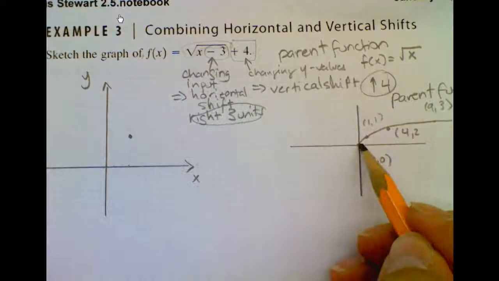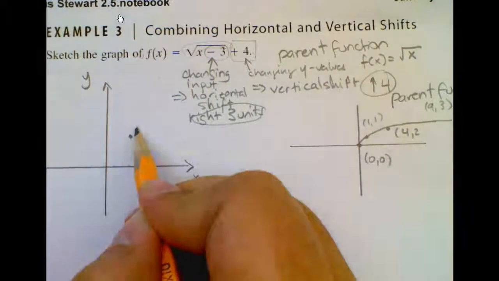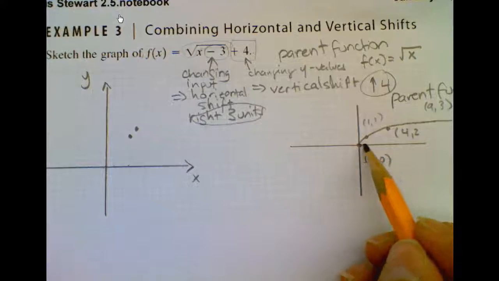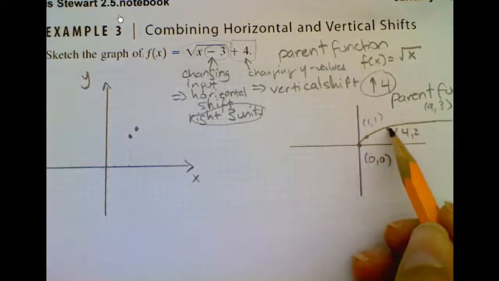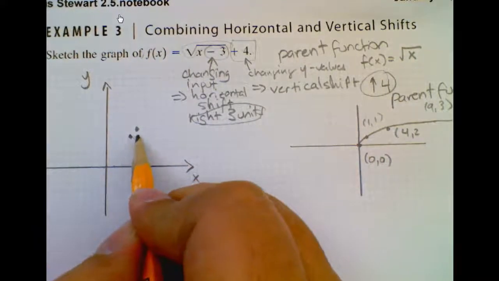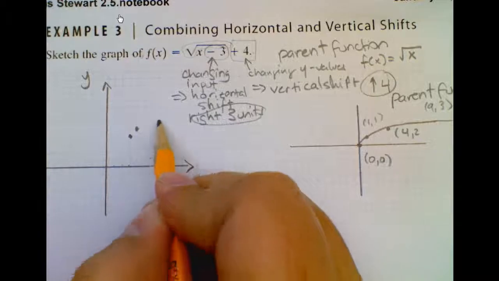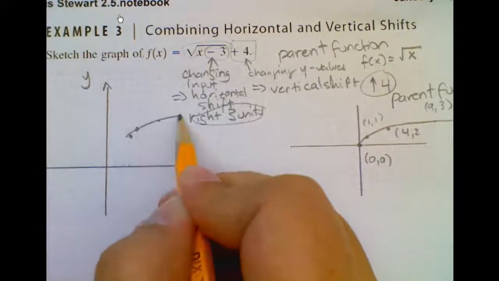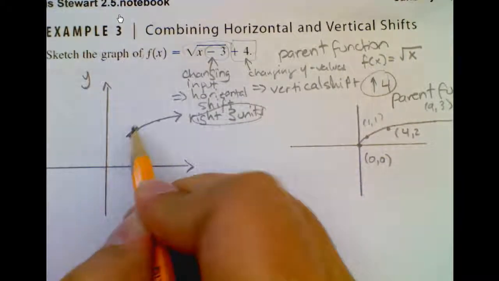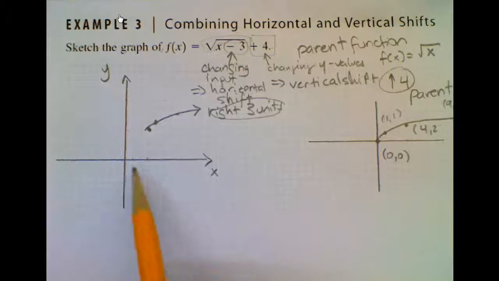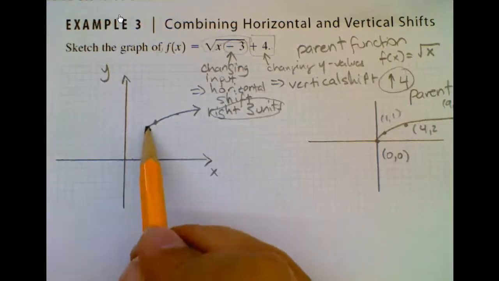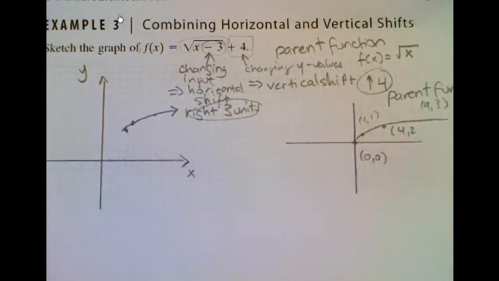So I know I'm going to have another point across from it right here, and then from this point I'm going to go over 4 up 2. So from this point 1, 2, 3, 4 and up 2. So now I have graphed my square root function, and it has shifted 3 units to the right and 4 up. And then I'm done for this part.